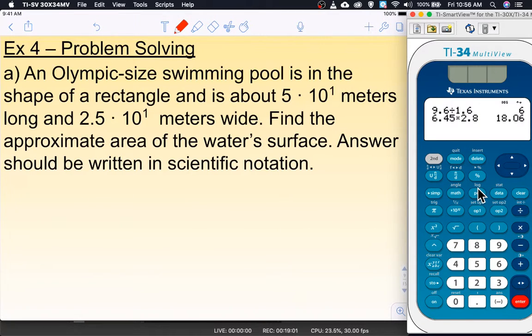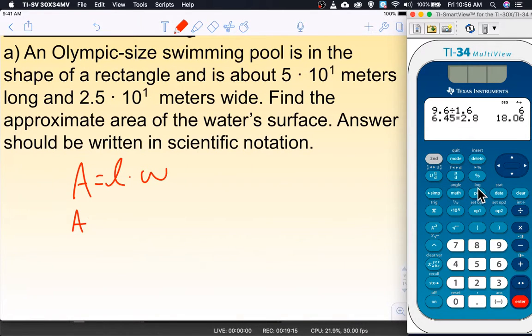Okay, so we're finding the area of a rectangle, which we have the background knowledge to do. That's just area equals length times width. And I'm going to plug in what they tell me. So they tell me that the pool is 5 times by 10 to the 1st meters long and 2.5 times by 10 to the 1st meters wide.